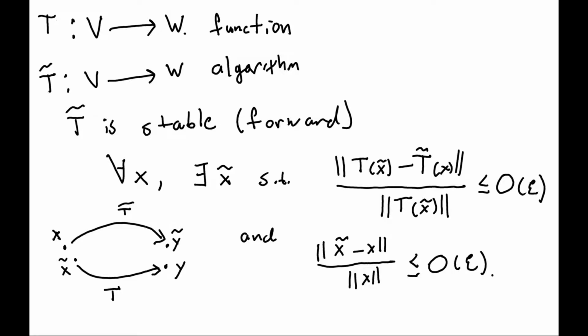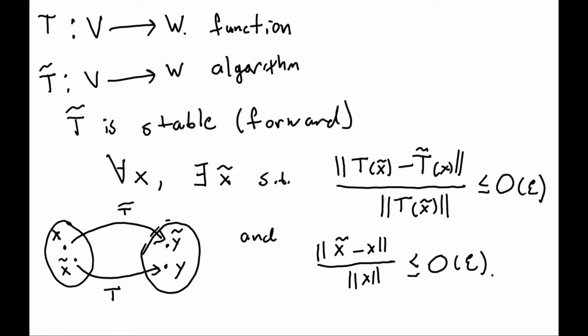So the goal is that we want to make sure that if we're defining T tilde, which is supposed to represent T, you can get nearby outputs using nearby inputs. In other words, for every input to the algorithm, there's a nearby input where the outputs are also close. And they're close in a relative sense.